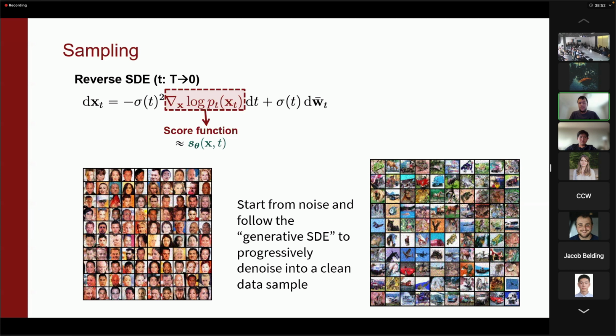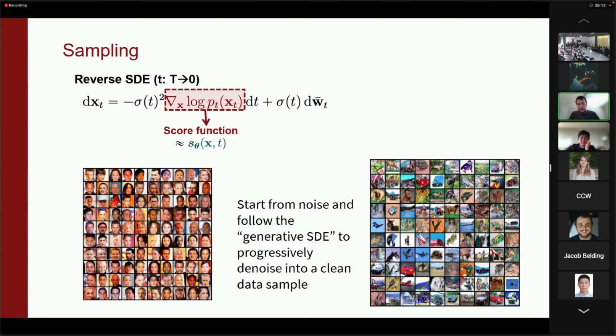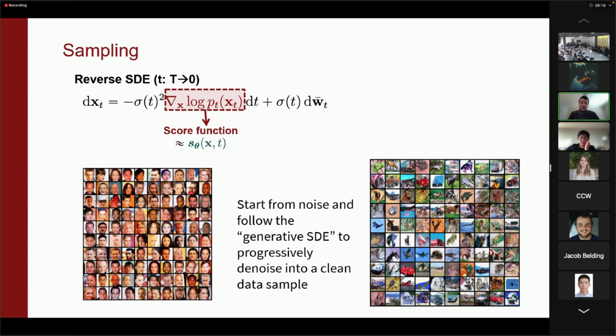Equivalently, you can think of it as a different kind of solver for the SDE, a Langevin dynamics kind of thing. That's the first paper that showed that score matching can be used, and you can get high quality samples on images. The first paper demonstrating that modeling the score function can get you high quality samples on images.